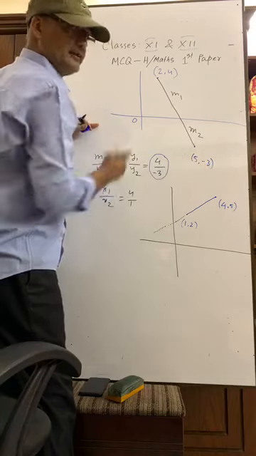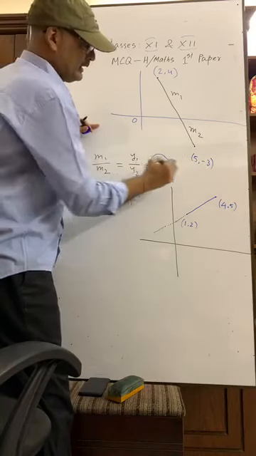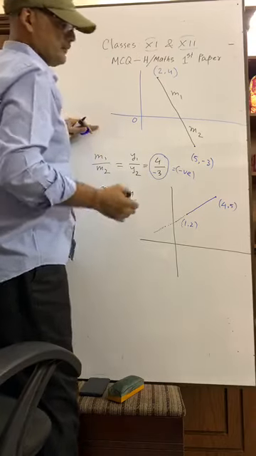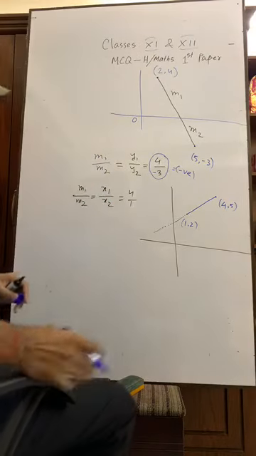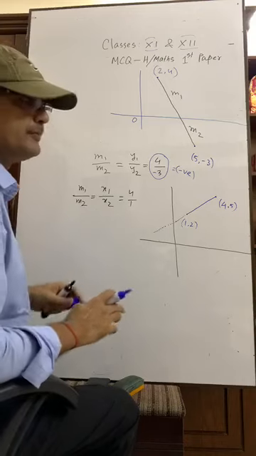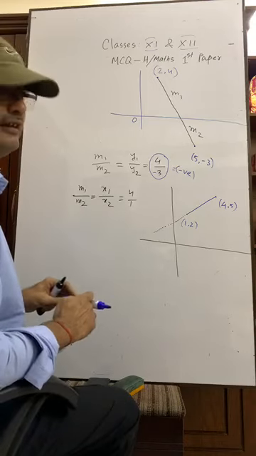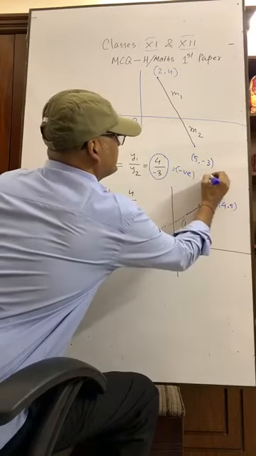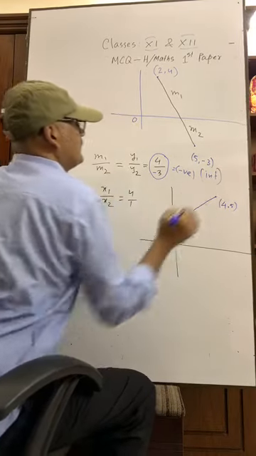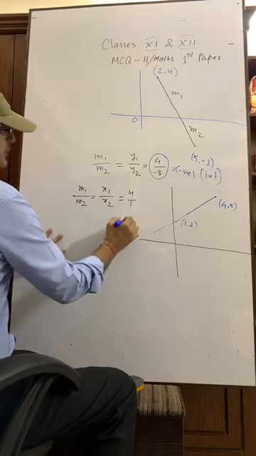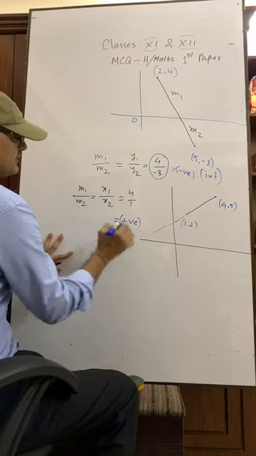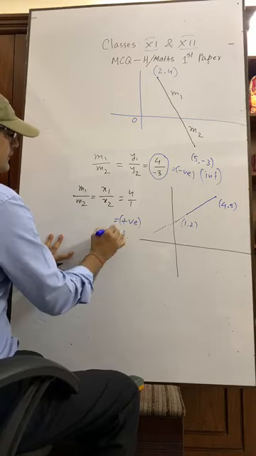This is minus 3, that is negative. You understand? If it is negative, then it is an internal intersection. When it is positive, then it is an external intersection. Please try to understand.